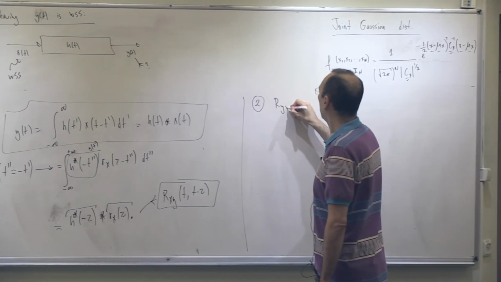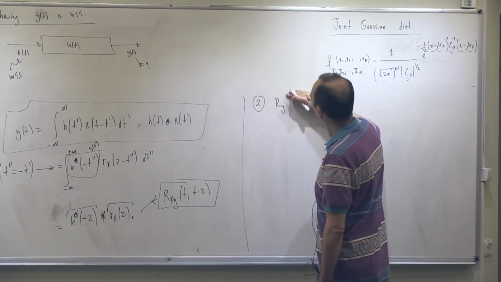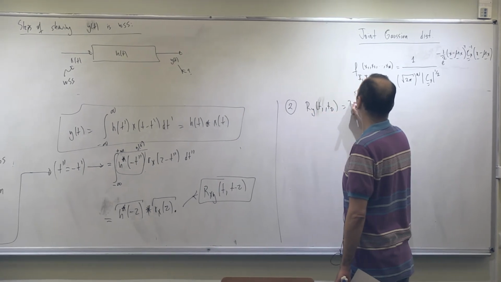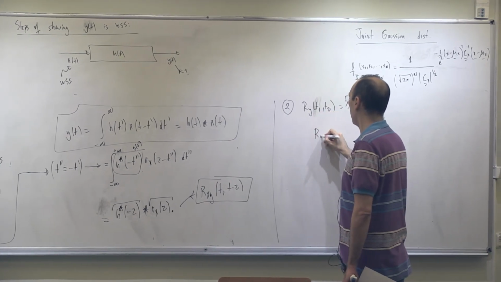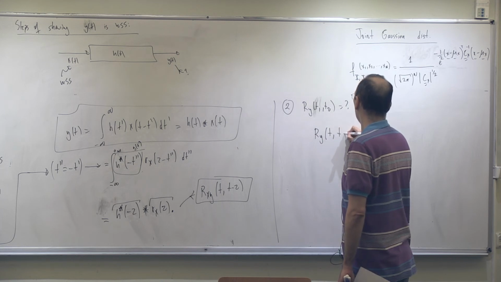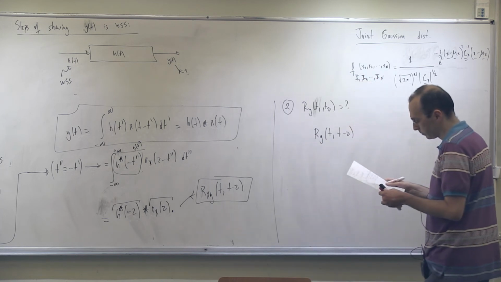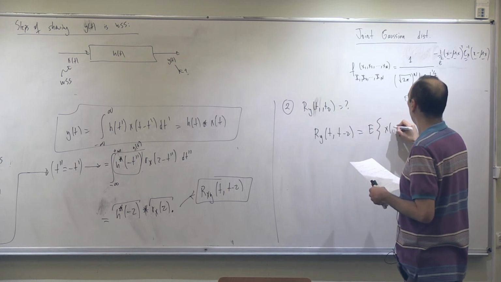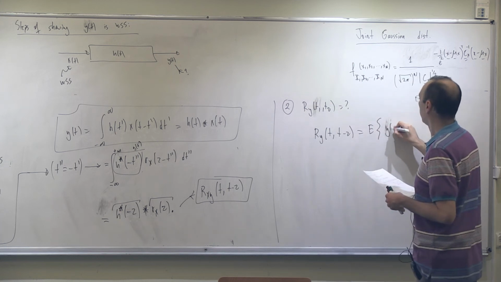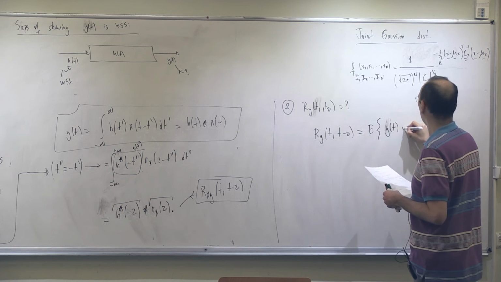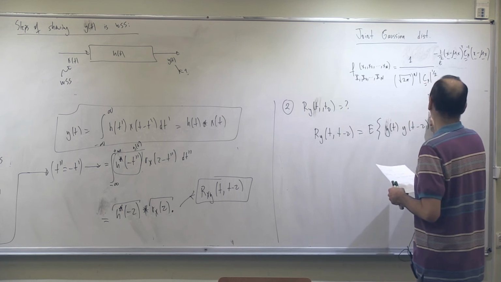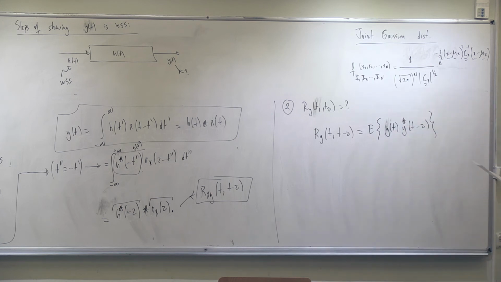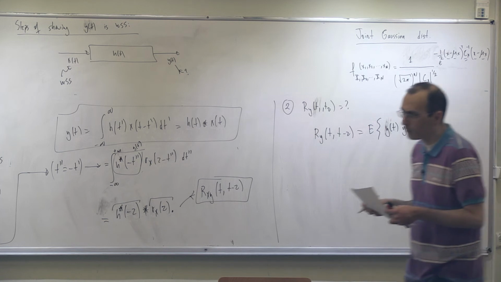So let's go ahead: Ry(t1, t2). Again, I will do the following: Ry(t, t minus tau). By definition this is the expected value of y(t) y conjugate (t minus tau).